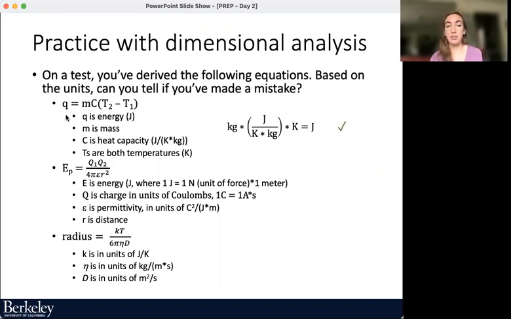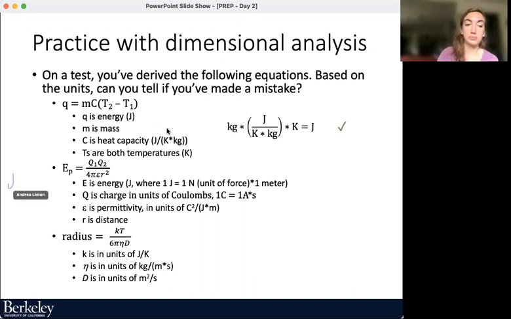We want to make sure that when we mess with the units on the right, we end up with the units that we have on the left, which is joules. So we take these units of mass, which is in kilograms, the units of C, which I've told you are joules per Kelvin times kilogram, and then the units of temperature.